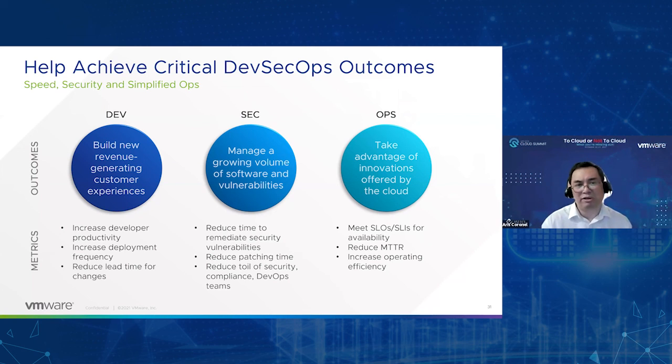They can be more productive and release code more frequently. The second outcome is improved security posture. You can now reduce time to remediate vulnerabilities, reduce effort to secure for security compliance within your organization.